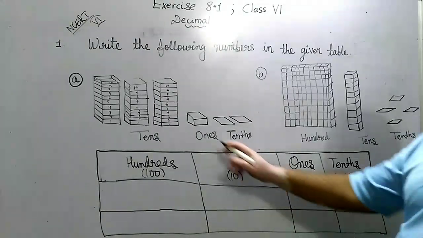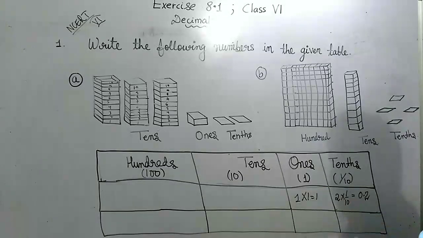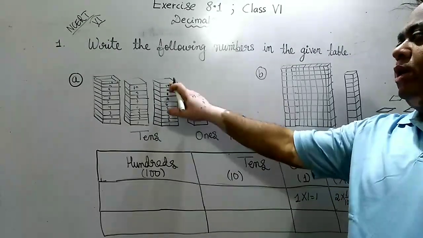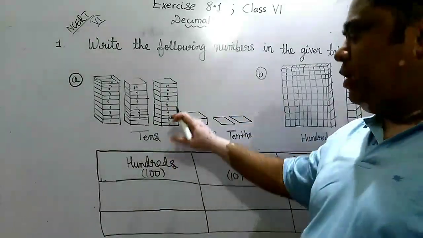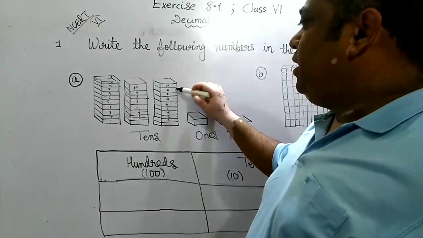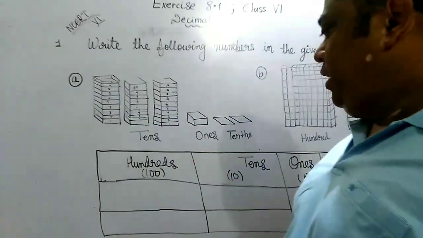In ones place how many are there? Only 1 is there, so 1 into 1 will be equal to 1 only. In tens place how many are there? There are 10 boxes here. I have counted, you can count in your textbook. 1, 2, 3, 4, 5, 6, 7, 8, 9, 10. Similarly 10, 20 and 30. 30 are there.